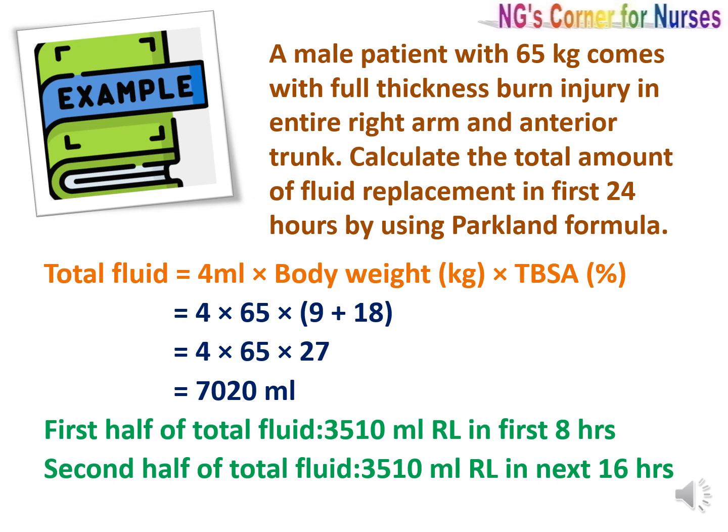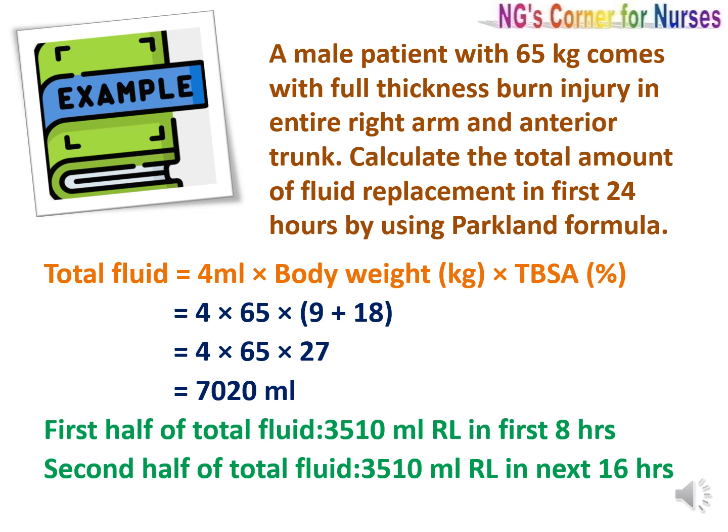Next example: a male patient weighing 65 kg comes with a full thickness burn injury in the entire right arm and anterior trunk. Calculate the total amount of fluid replacement in the first 24 hours using the Parkland formula. So here the body weight of the patient is 65 kg and the total body surface area percentage is right arm plus anterior trunk. According to the rule of 9, right arm equals 9% and anterior trunk equals 18%. That is a total of 27%.